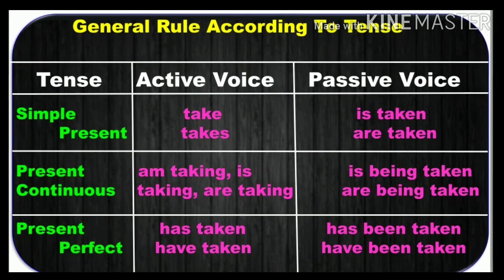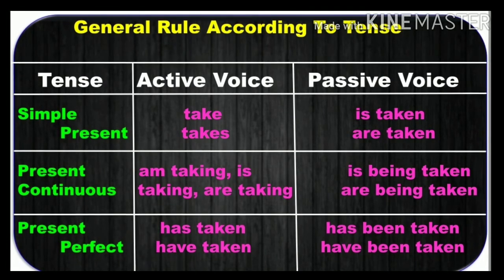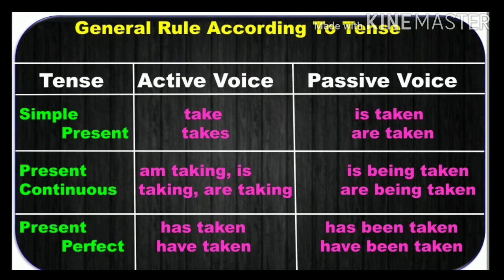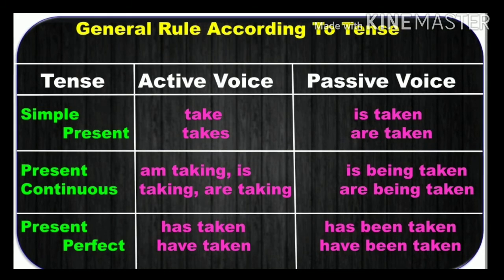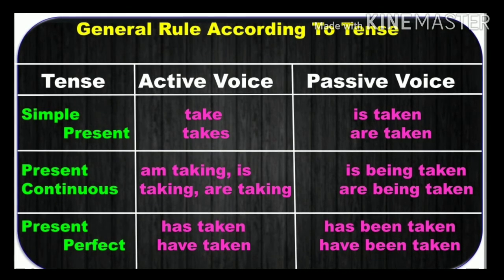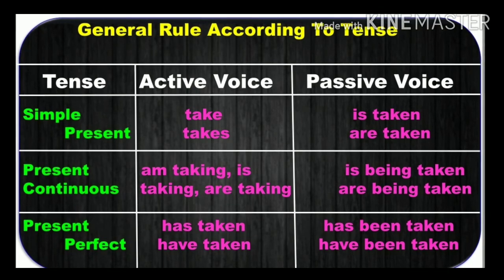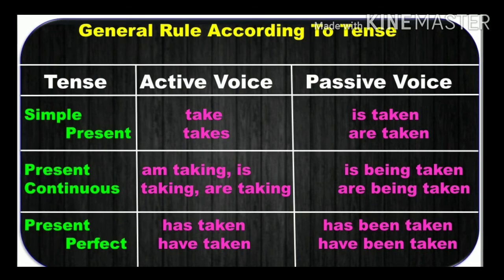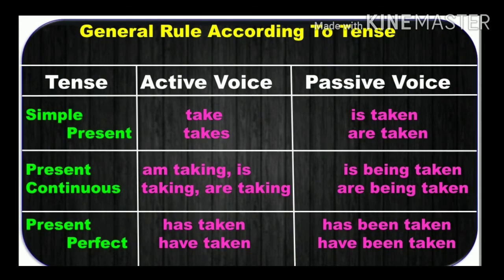Got it? Okay. The first one is simple present tense. If the verb is the base form of verb, then the sentence is in the simple present tense. So, when we are changing from active into passive, we should add the present auxiliary verb, that is is or are, plus the past participle verb.